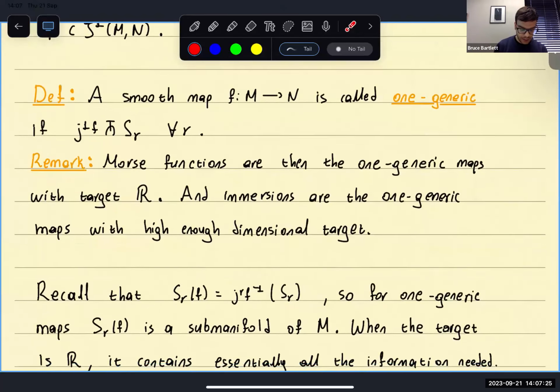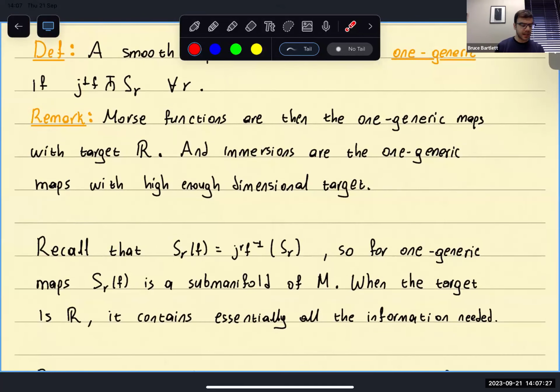Again, recall from yesterday that those sets S_r(f) can actually be identified as the preimage of the first jet section of those S_r.